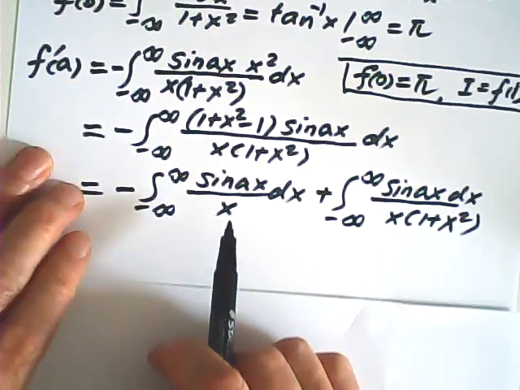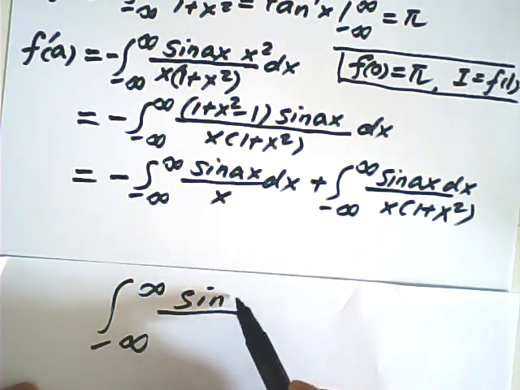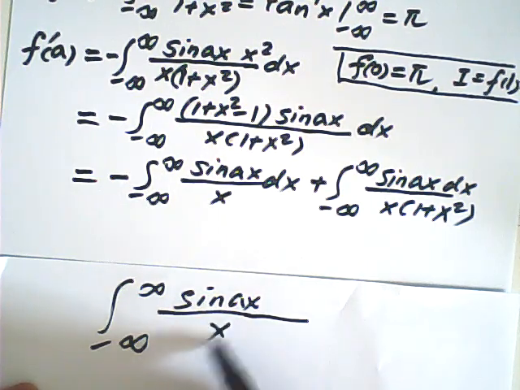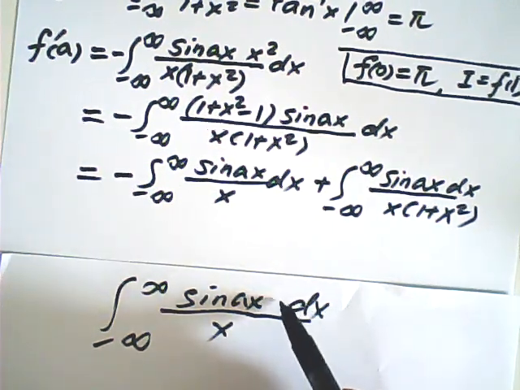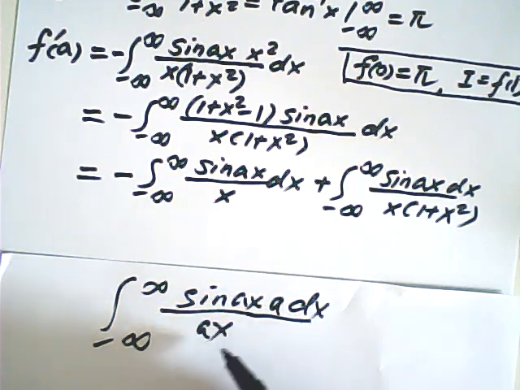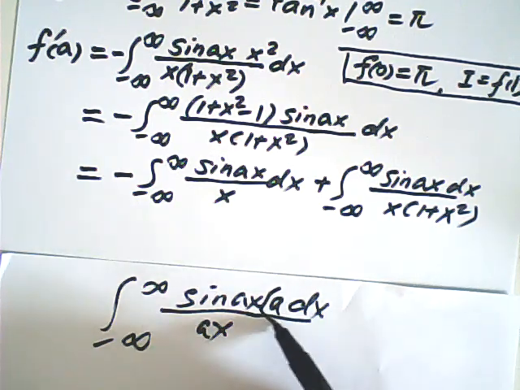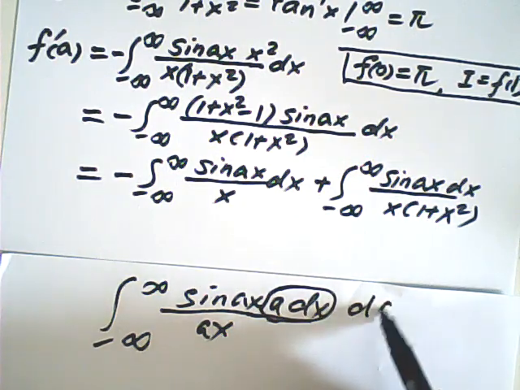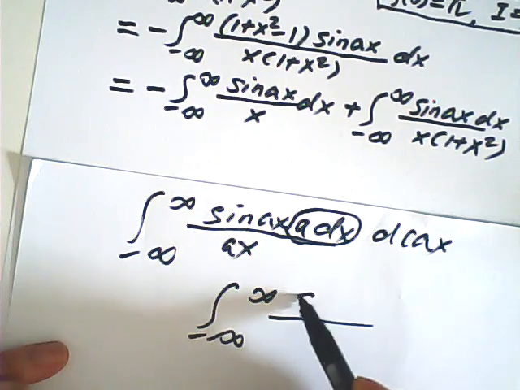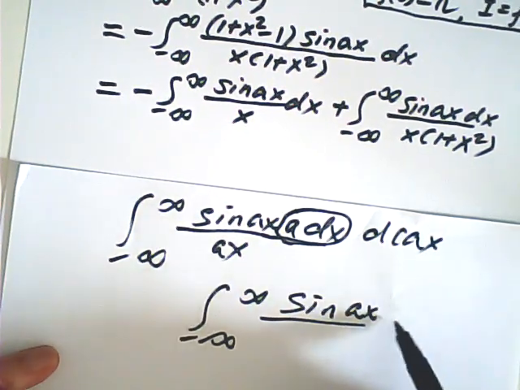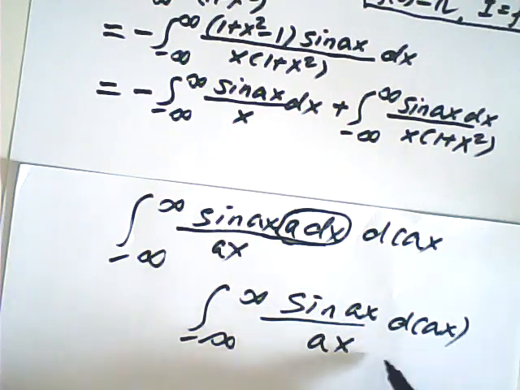For this one, sine ax over x dx, I can multiply by a both numerator and denominator, and this one is d(ax). So the integral becomes sine ax d(ax) over ax, and that is equal to pi, right?